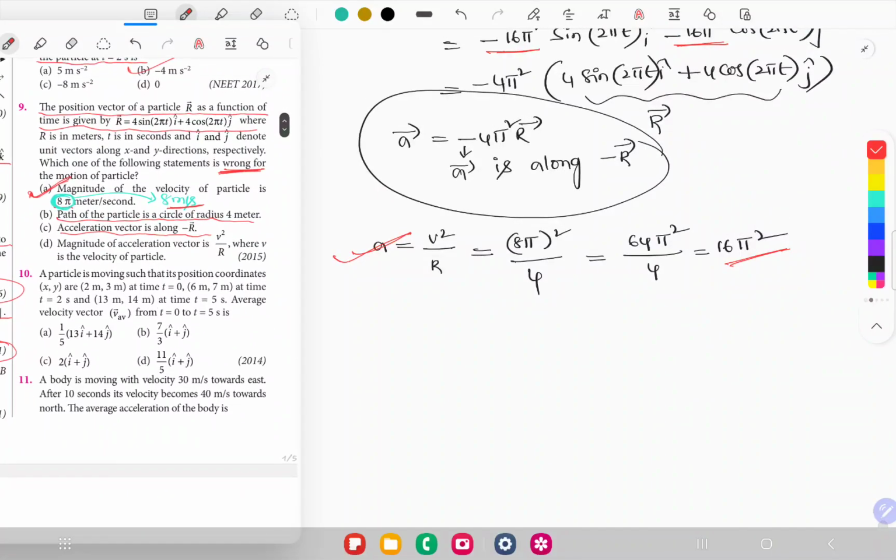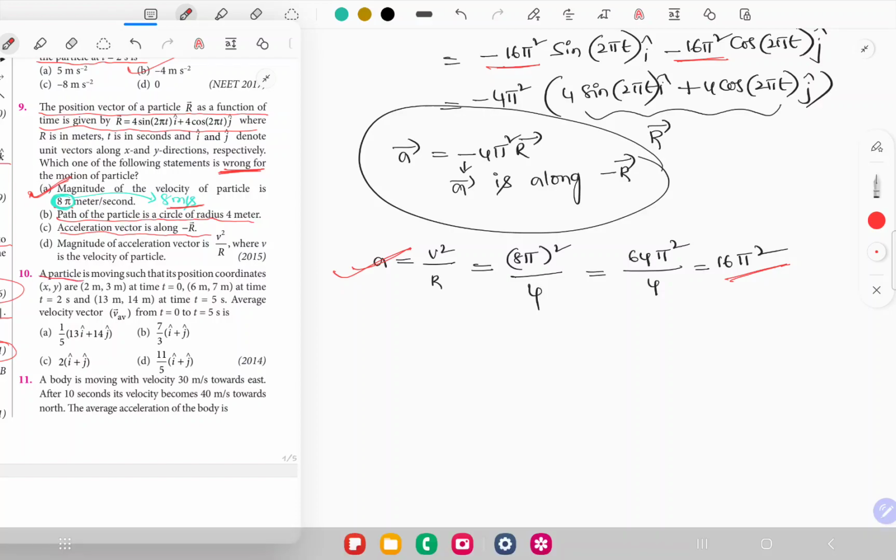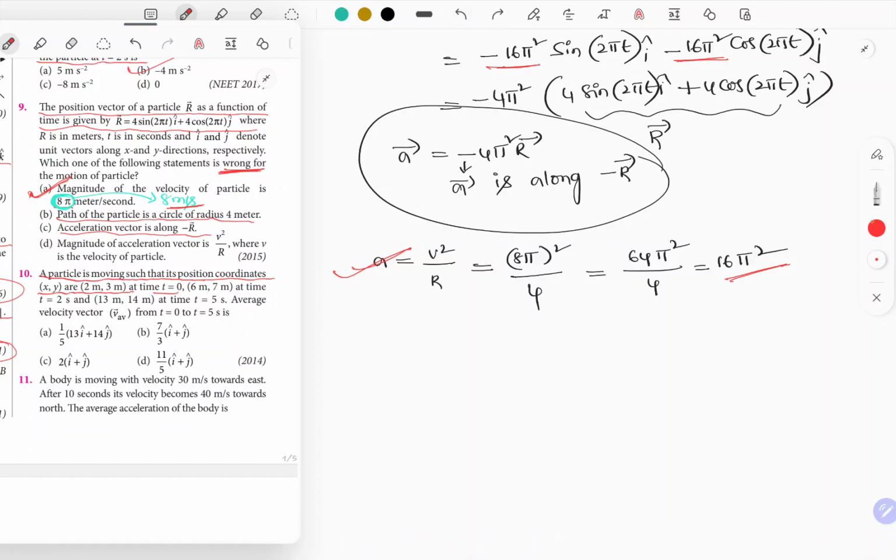Okay, hope you understood. Now look at question number 10. A particle is moving such that its position coordinates in xy are 2 meter, 3 meter at t is equal to 0. Solution. At t is equal to 0, the position of the particle x, y is equal to 2, 3.